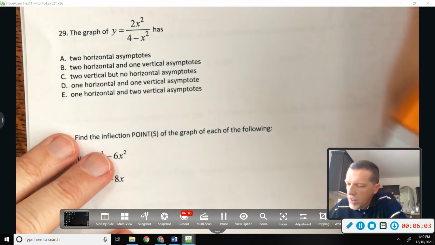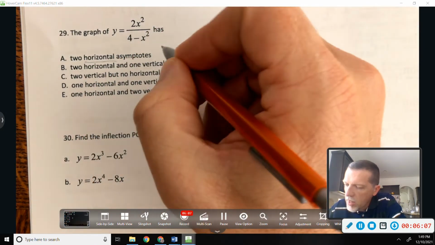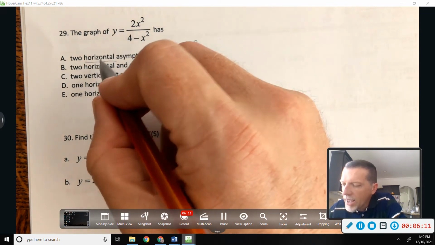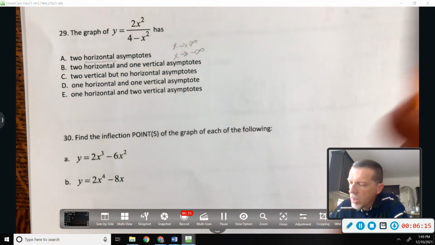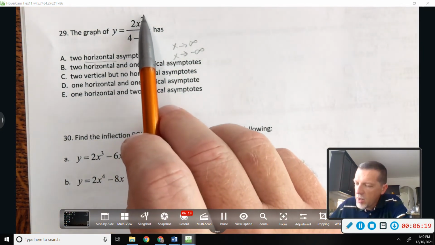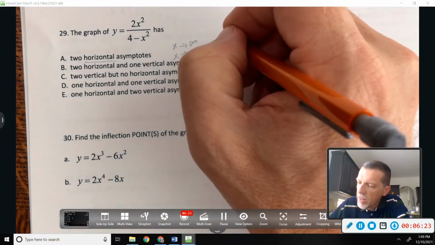(29). Let's see. Ooh, horizontal asymptotes. That's when x approaches infinity or negative infinity. That's why we might get 2. If I plug in infinity, I'm going to get, that's the top over bottom, the ratio of the coefficients. I get negative 2.